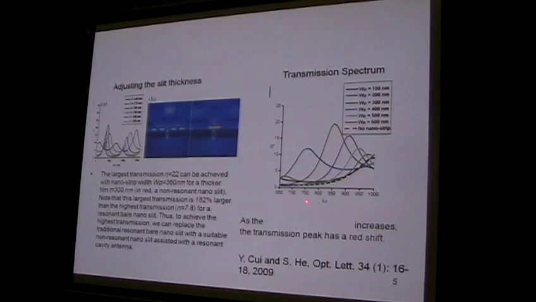So that can go to the near infrared region. And that is also important for harvesting light for solar cells or detectors.